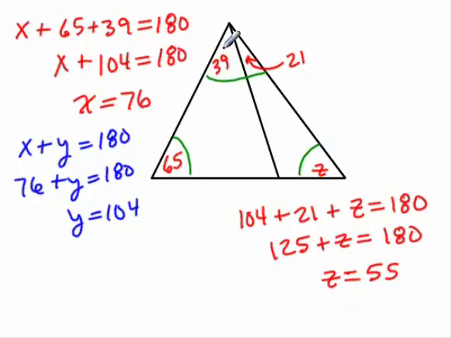Now, this angle is not 39 or 21, but it is the sum of both of those. So 65 plus Z plus these two angles, I'm going to represent it in parentheses to show that it is one angle, equals 180.